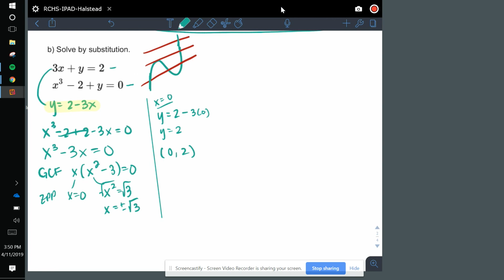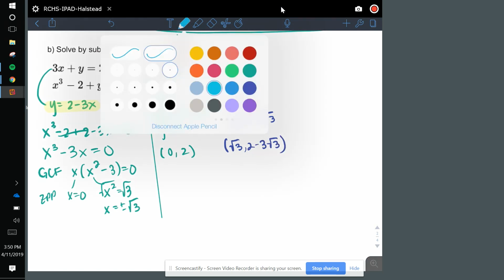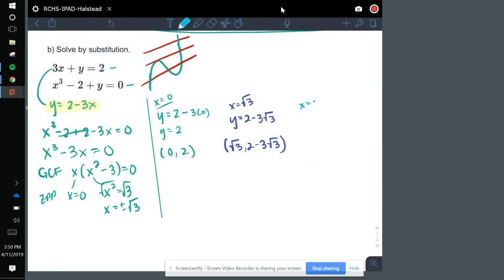We're going to go for another one. Let's see. X is equal to root 3. So y is equal to 2 minus 3 times root 3. That can't simplify anymore, so I get root 3, comma 2 minus 3 root 3. And then lastly, let's do x is equal to negative root 3.